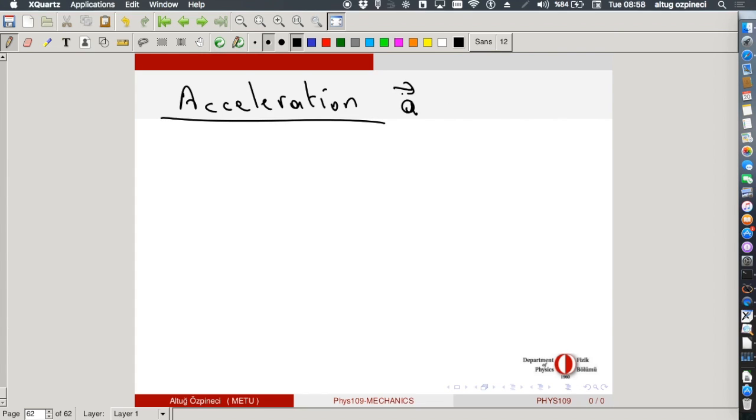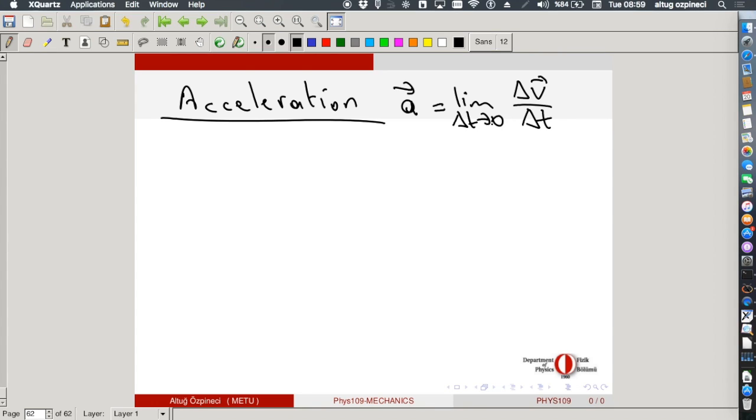Acceleration is a vector, so we have to find two quantities: its magnitude and its direction. If you remember, we had defined the acceleration as the change in the velocity divided by the time.